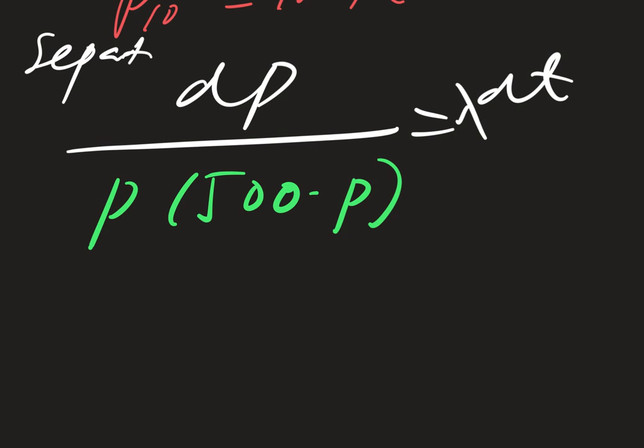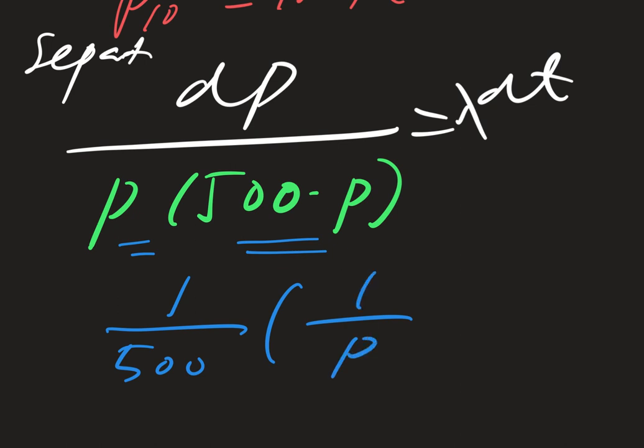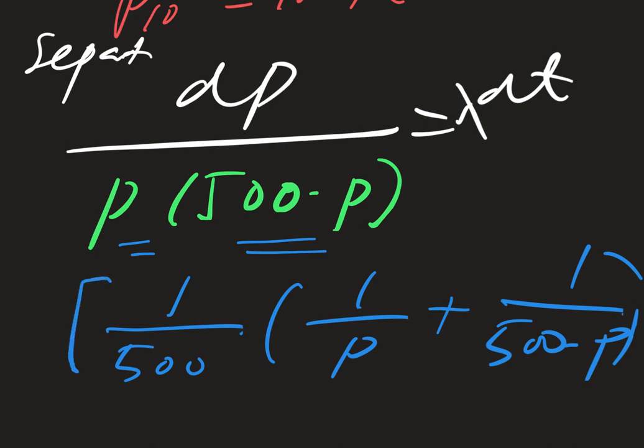Obviously, we know that from this expression, it can be partial fractions. I'm a very lazy person. Normally, when I look at this, you see P and 500 minus P. Straight away, we know that the answer will be 1 over 500 times (1 over P plus 1 over 500 minus P) dP.